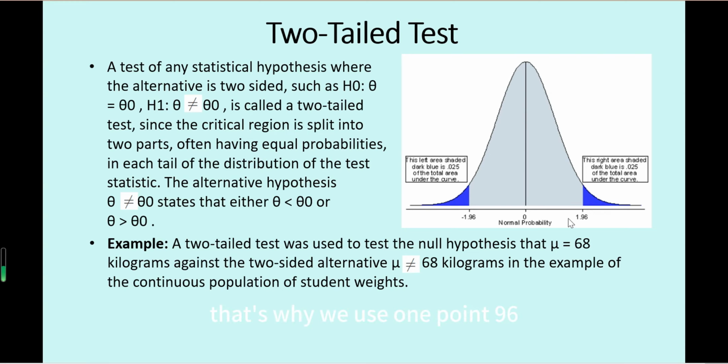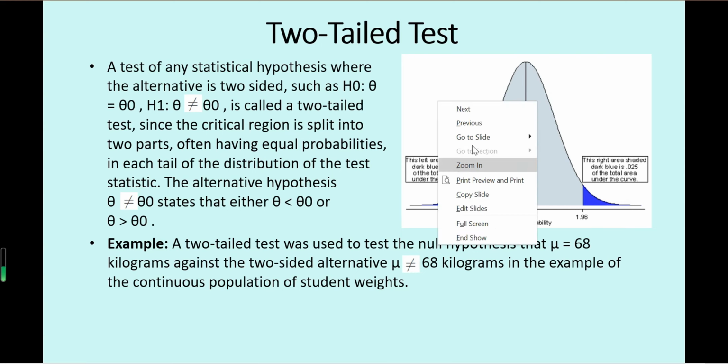That's why we use 1.96, and people usually use 2 because it is approximately equal to 1.96. So if the absolute value of the test statistic is larger than 2, the test is significant in a two-tailed test, because it will fall in one of these two blue regions.